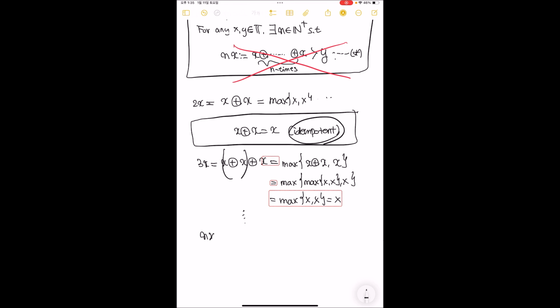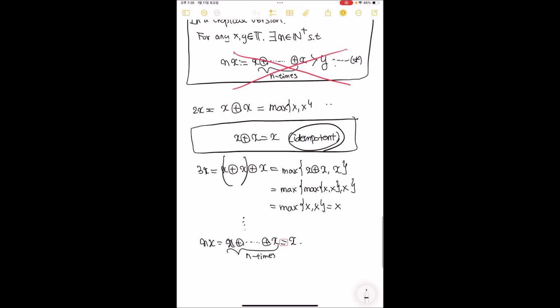So nx is also x. So the result cannot become greater even if the summation is repeated.